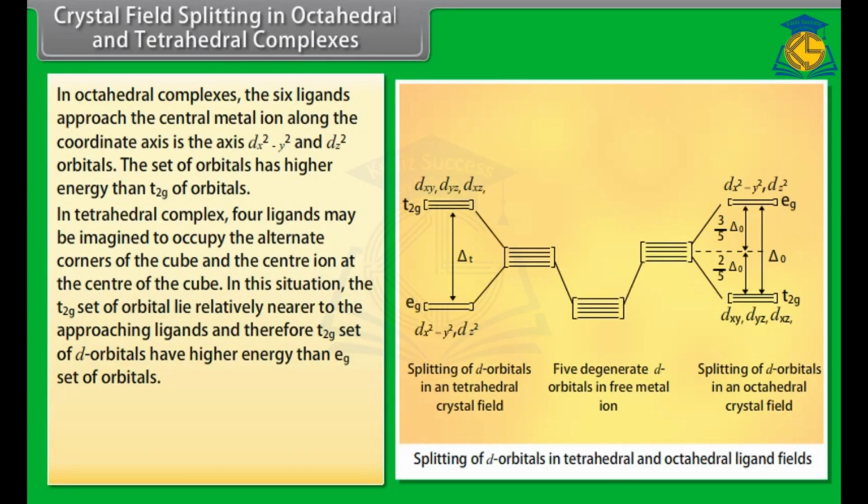In this situation, the t2g set of orbitals lie relatively nearer to the approaching ligands and therefore the t2g set of d orbitals has higher energy than the eg set of orbitals. The relationship between delta T and delta O is given by delta T equals 4 by 9 delta O.